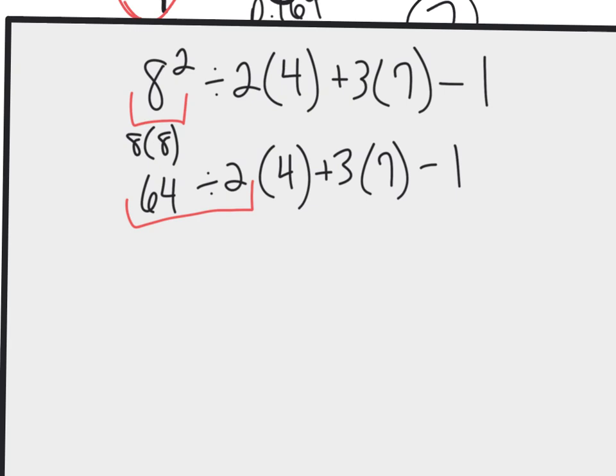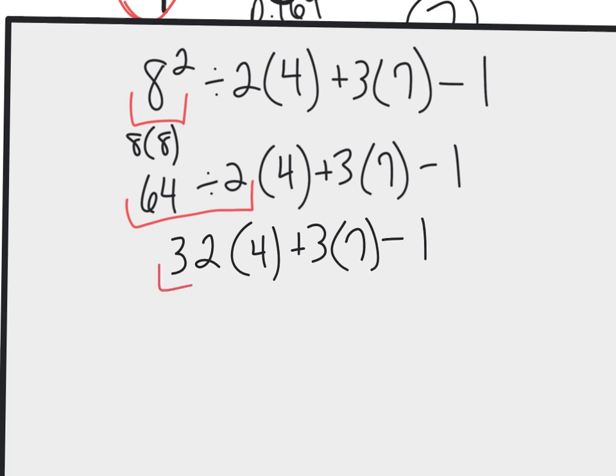And that's what I was talking about, not rushing. You don't want to just go ahead and say, oh, I'll just go ahead and multiply these other numbers. Then you get the wrong answer on this problem. 64 divided by 2, if you work that out, that would be 32. And then 32 times 4, if you work that out, is 128.